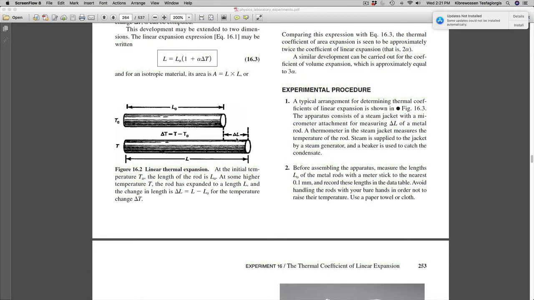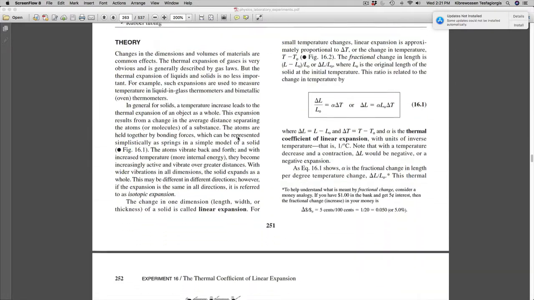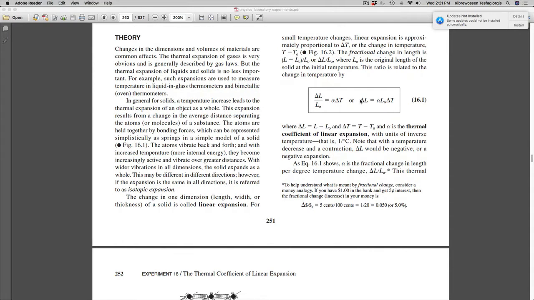But mathematically you can find delta L, or the amount of expansion, using an equation, and that equation is equivalent to this.